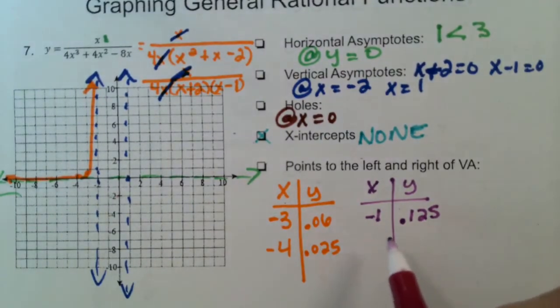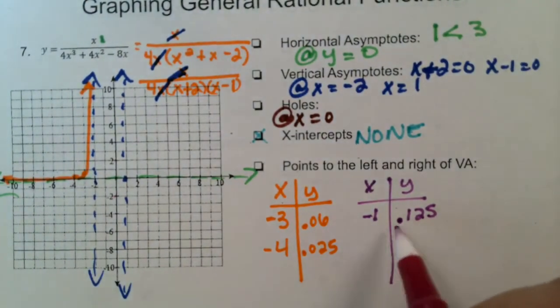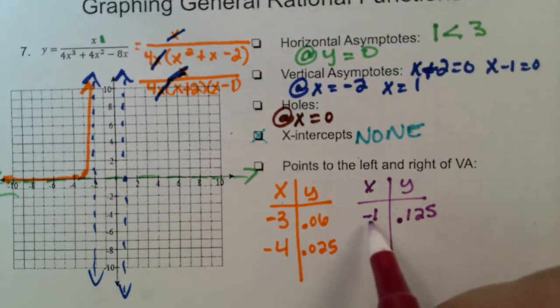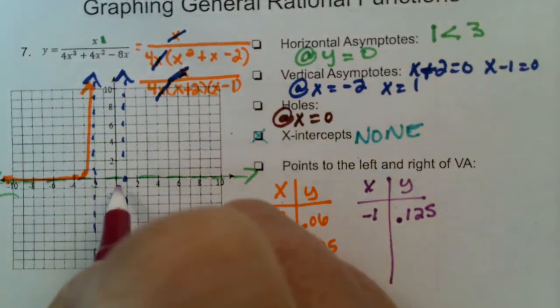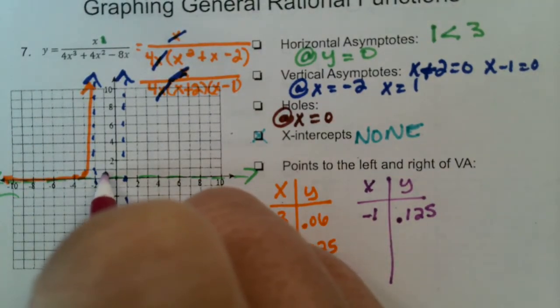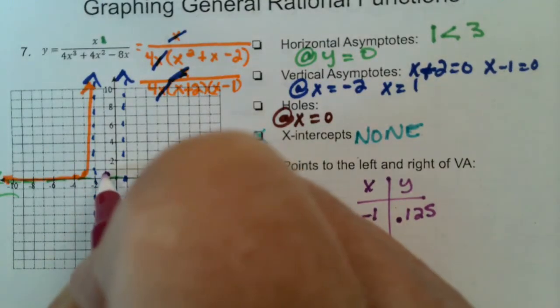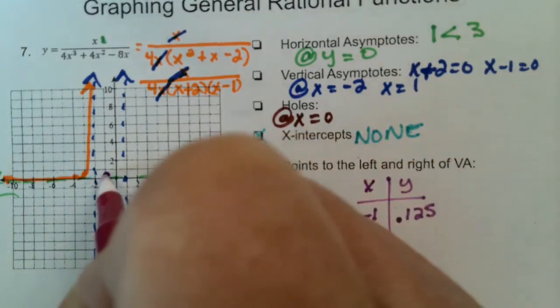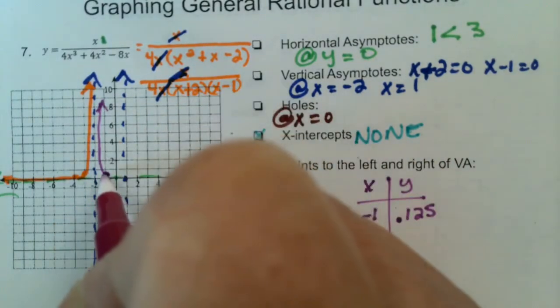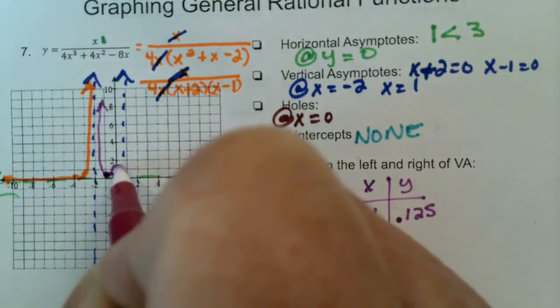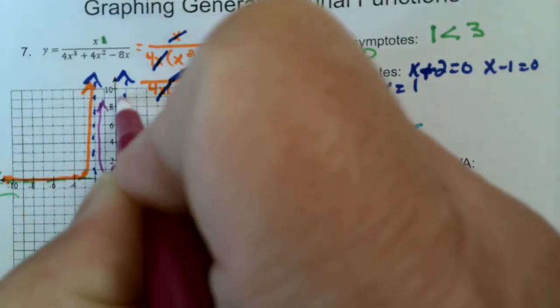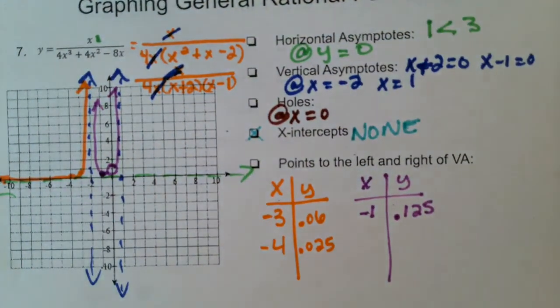And 0 is my hole, so let's just go with the -1. I have -1 and 0.125, so that's over here and just barely above there, which means I'm not going below the green line. So it's going to go up like a parabola, but just remember I have that hole there on the y-axis. So it looks something like that.